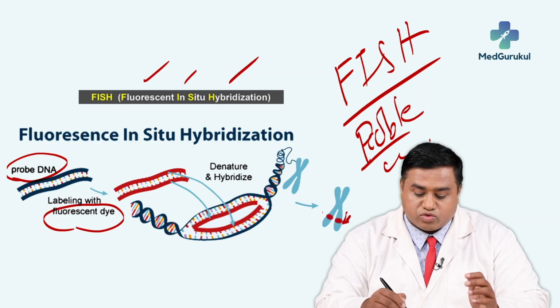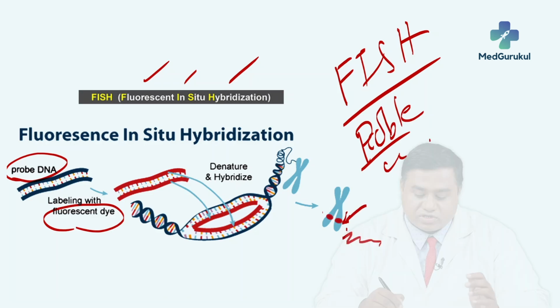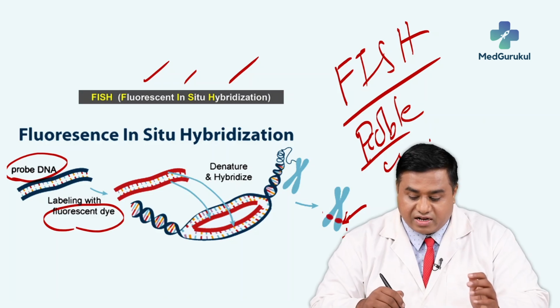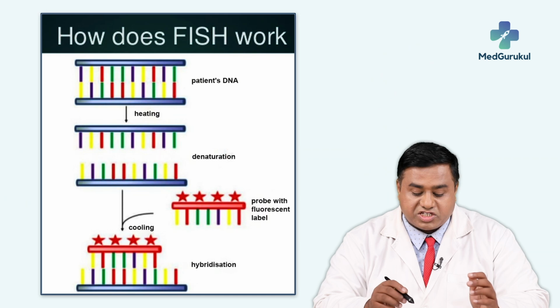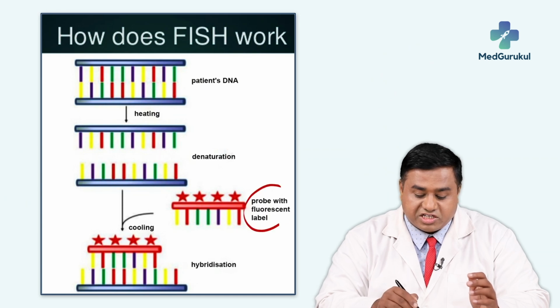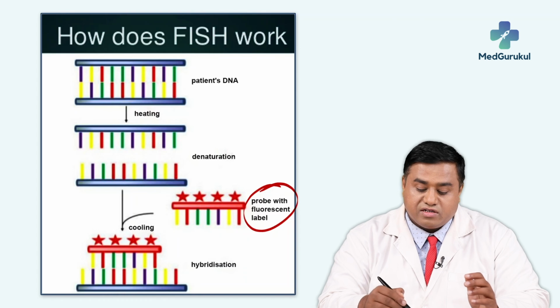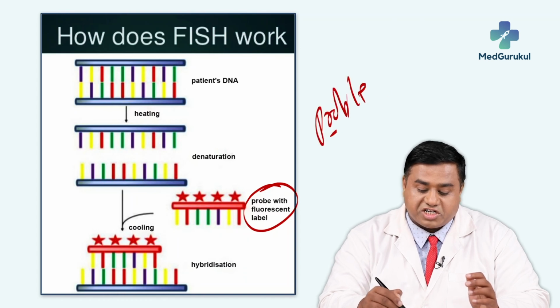Once it binds to those regions, it gives a fluorescent light and it is detected under a fluorescent camera. This will ensure which region of chromosome is attached with the probe under study.